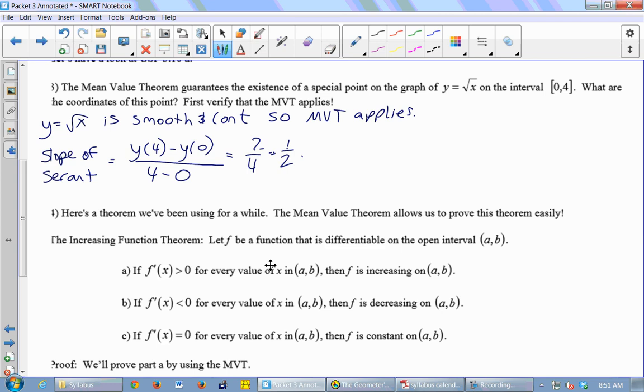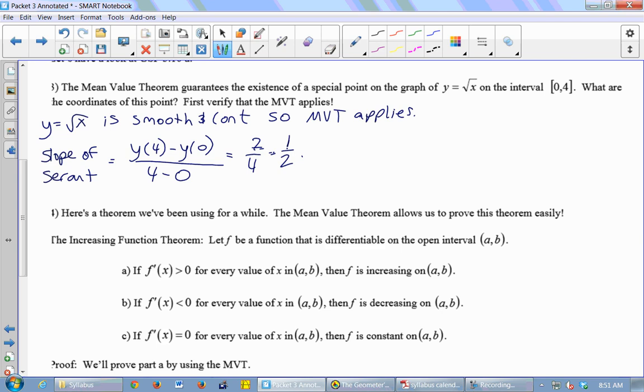And I am looking for a point, an x value, where the slope of the tangent line is a half. Okay. So what mathematical object represents the slope of a tangent line? The derivative, yeah. So I'm going to take the derivative, which represents the slope of a tangent line, and what am I going to do with it? Set it equal to 1/2, yes.